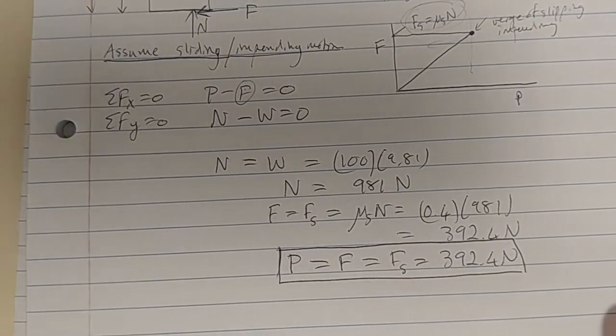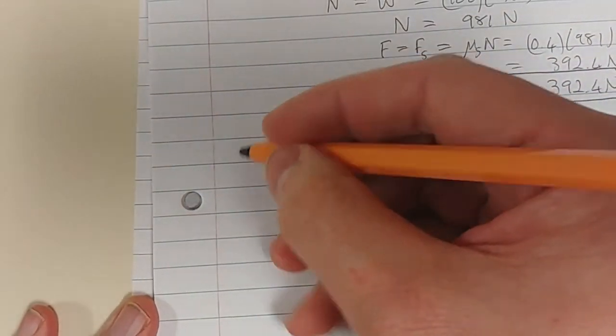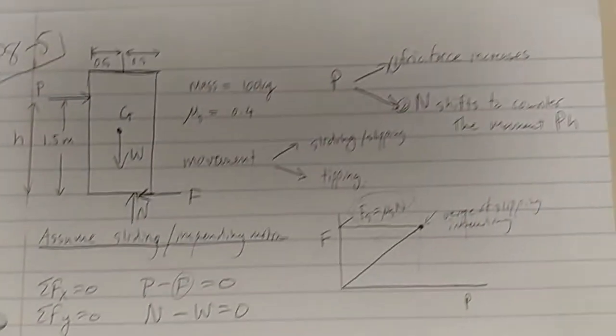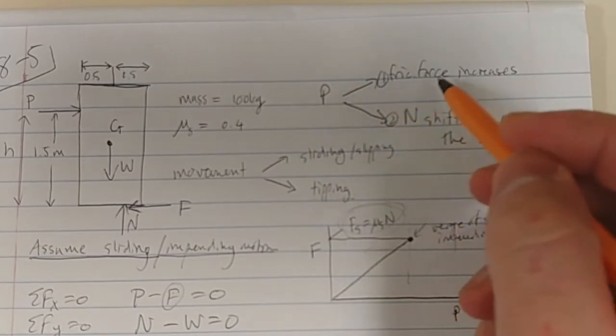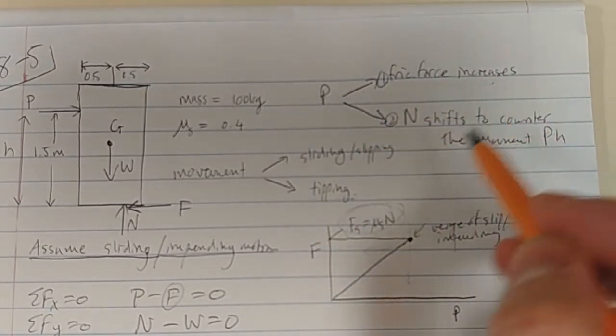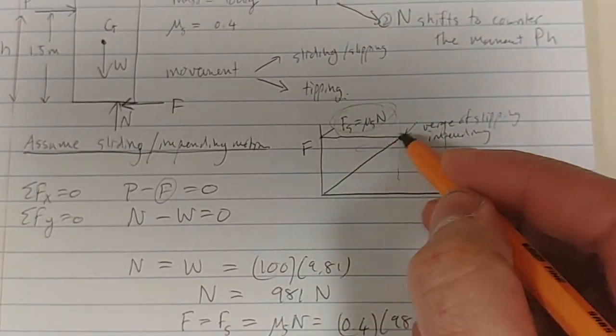Okay? Then for tipping to occur, remember, as we increase P, the friction force increases, and the maximum that the friction force can attain is this value.